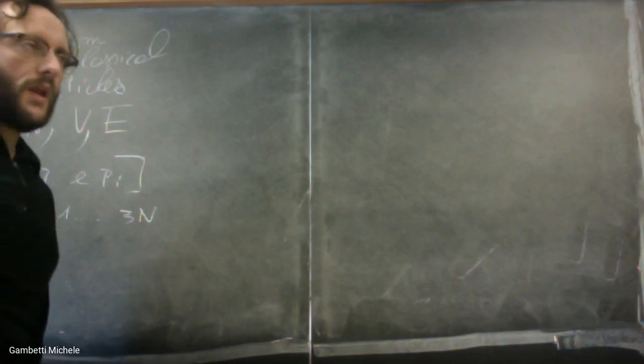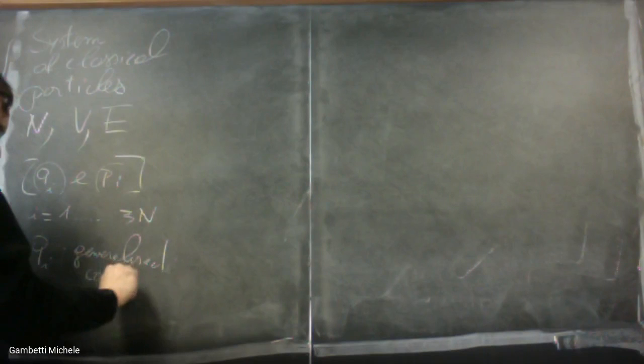These are the quantities that you usually introduce in analytical mechanics. So these Q_i are the generalized coordinates, and the P_i are the conjugate momenta corresponding to these Q_i.